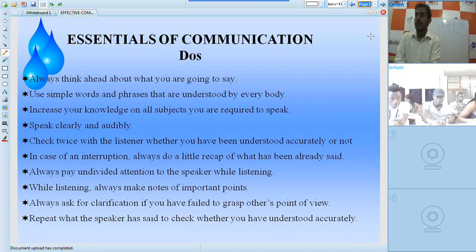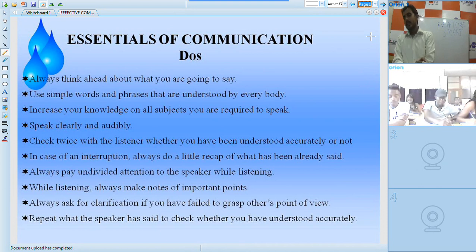In case of any interruption, always do a little recap of what has already been said. Suppose there is an interruption, like sometimes the PPTs are not visible or the sound is not connecting, then we start from the earlier topic so that you follow properly with the continuation of that topic. Always pay undivided attention to the speaker while listening.